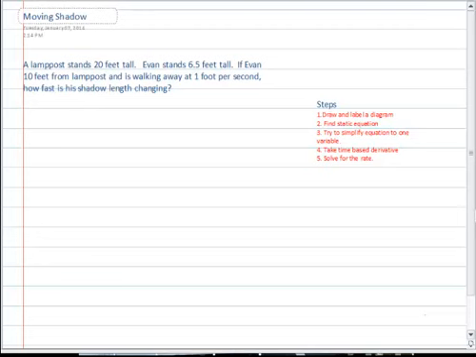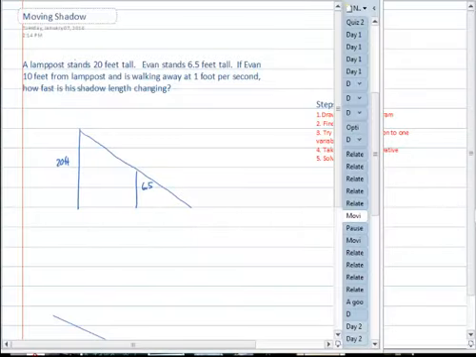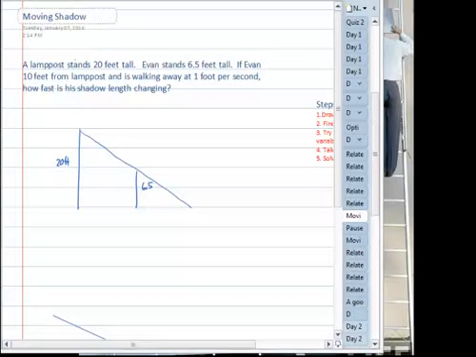Okay guys, here we are, and we have a lamppost that's 20 feet tall, and we have a person that is 6.5 feet, and it casts a shadow. I think I just switched the orientation of my video by accident, so here we go, we're back again.